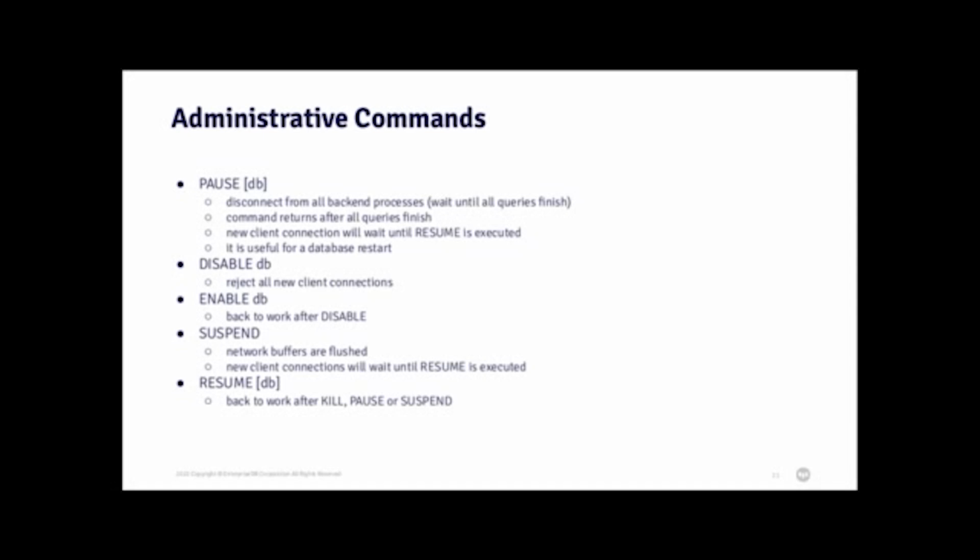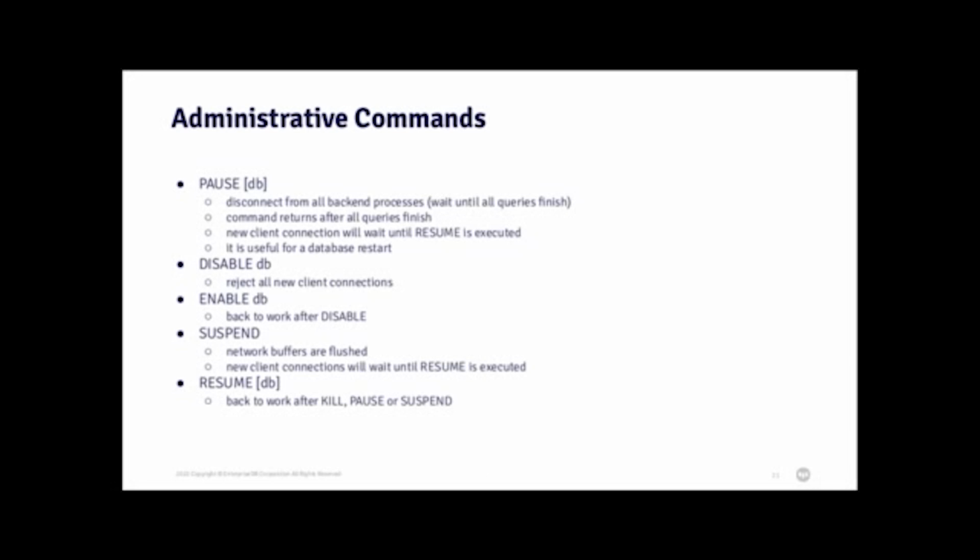You have disable and enable. Basically, reject new client connections and then you can resume with the enable command. And in all of these commands, you can see there is a DB. So for example, you can do it per pool. DB means pool here. There is a suspend.